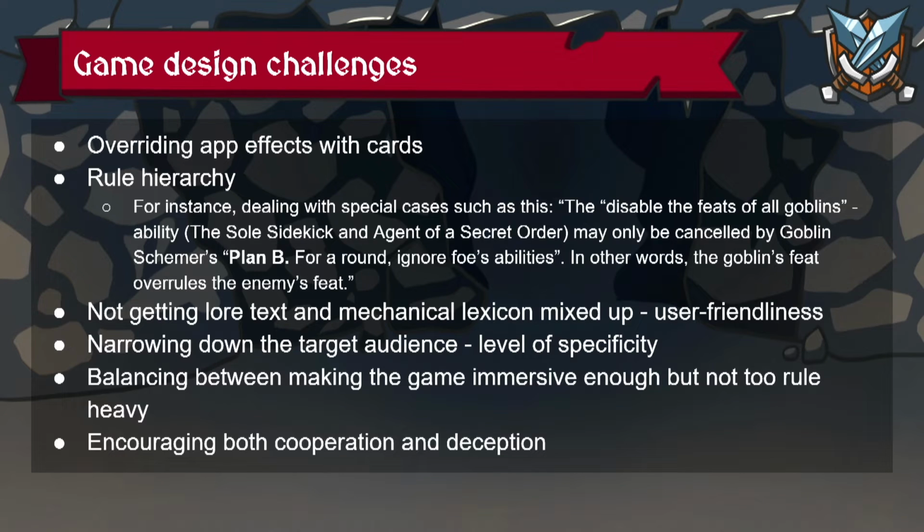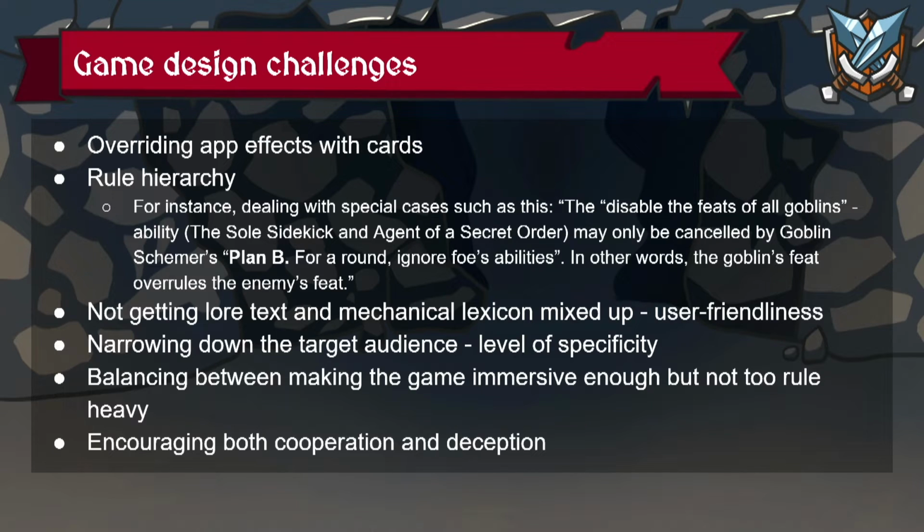We came across a lot of different challenges along the way, the biggest of which was overriding app effects with cards, because the application does not know what's going on in the game board table. Another big issue was the rule hierarchy, because not only the goblins have different abilities, but also the in-game enemies in the application.